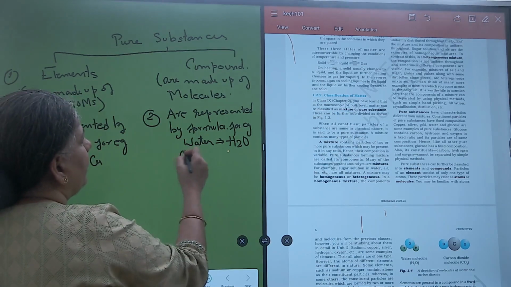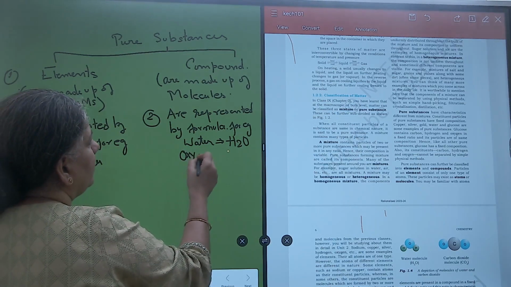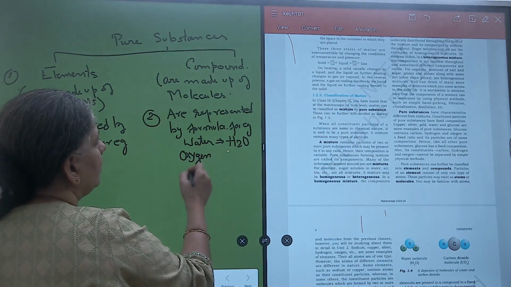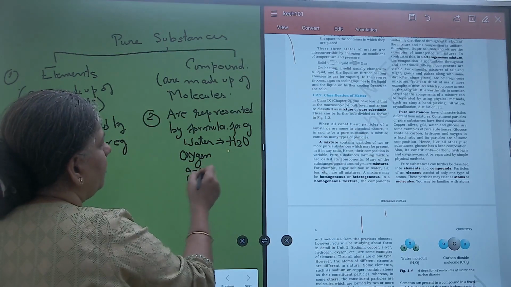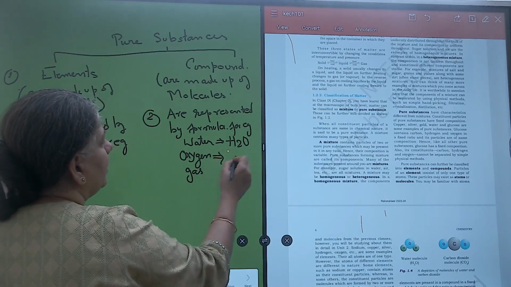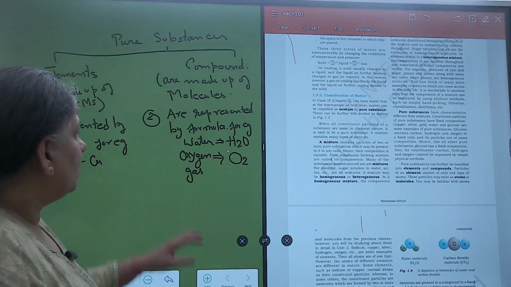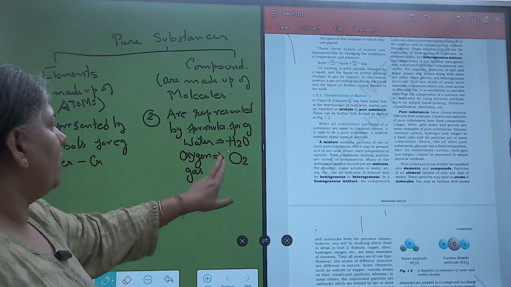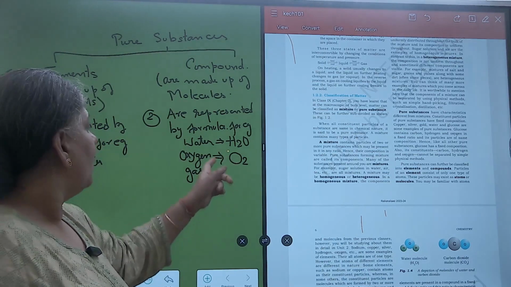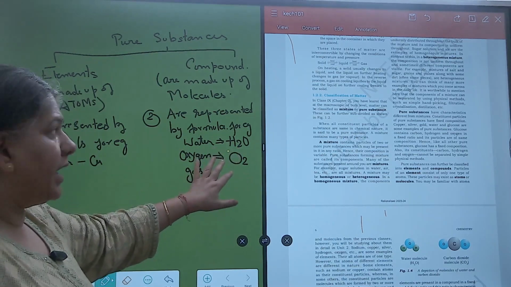Or, for example, you take oxygen gas, which is made up of two atoms of oxygen. So it is made up of similar atoms. So molecules are made up of either similar types of atoms or dissimilar types of atoms.